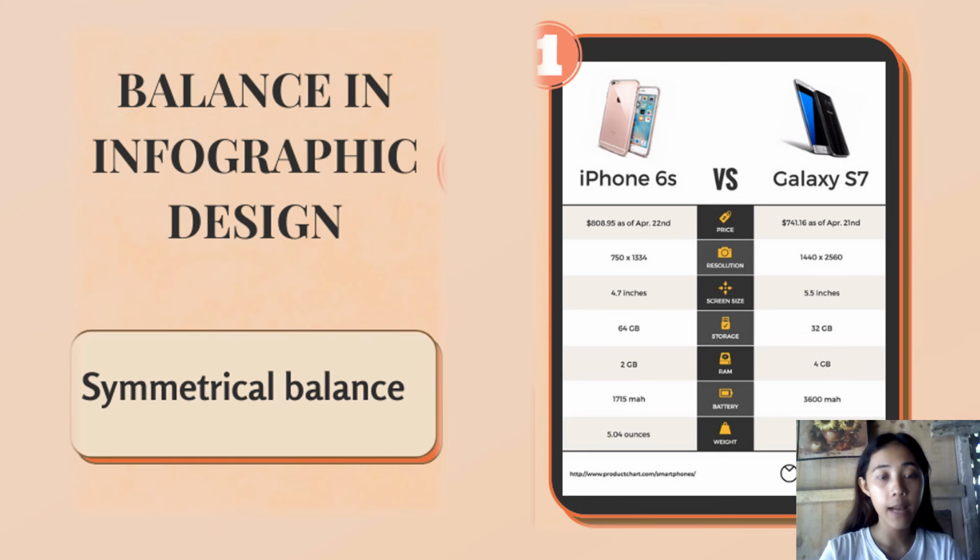Now, the symmetrical balance in infographic design, applied on typography design: the comparison of two graphics or different information, the iPhone 6s versus the Galaxy S7, are equal on both sides, and the comparison follows the same topics, thus making an equal and even design.